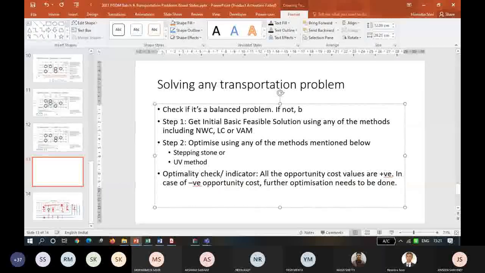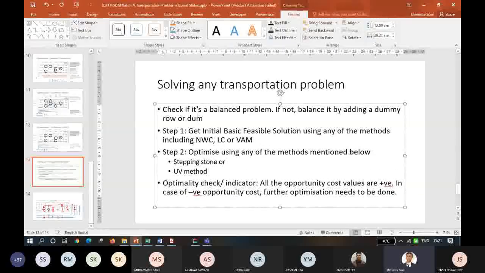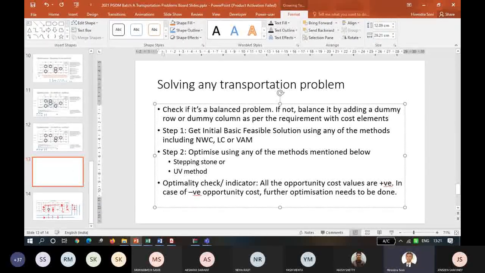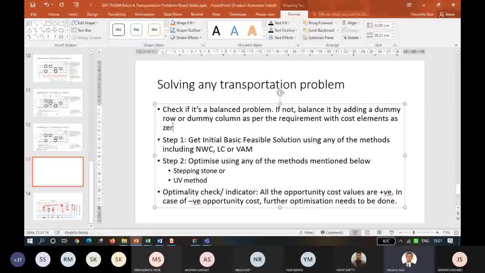If not, balance it by adding a dummy row or dummy column as per the requirement, with cost elements as 0. Whatever dummy row or column you add, the cost elements would be 0.